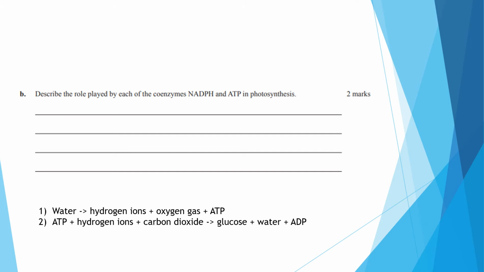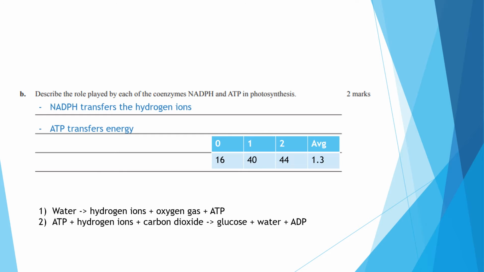The ATP and the hydrogen ions are then combined with carbon dioxide to be converted into a glucose, water, and ADP. The NADPH coenzyme is what helps transfer the hydrogen ions, and the ATP transfers the energy for the light-independent reaction, which converts the carbon dioxide into glucose, water, and with the energy expended, ADP.